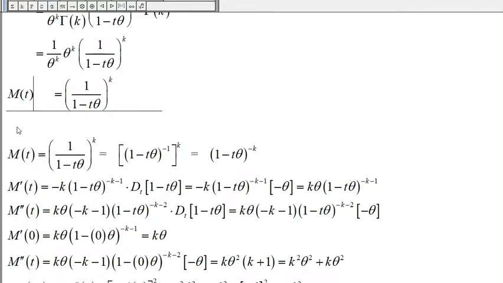And then we need to find the derivatives, so let's rewrite this expression here. 1 over 1 minus t theta is the same as 1 minus t theta to the negative 1. And then negative 1 times k is negative k.